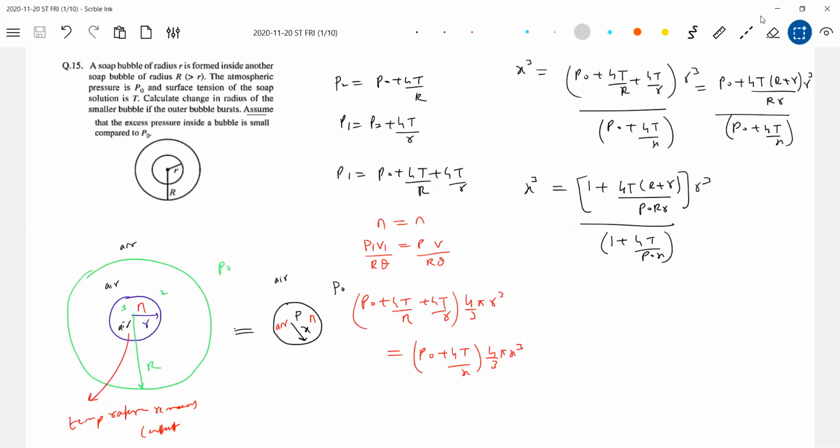Excess pressure means this quantity 4T by X will be less than P naught.